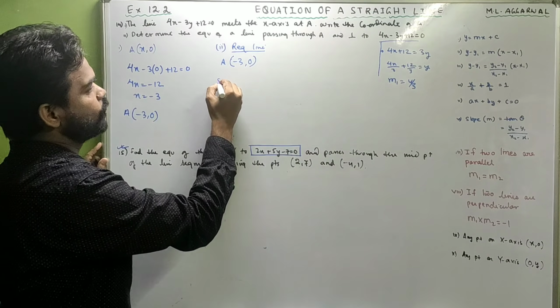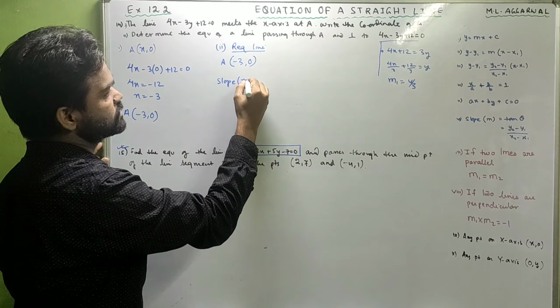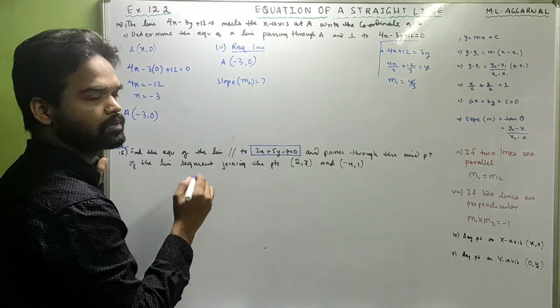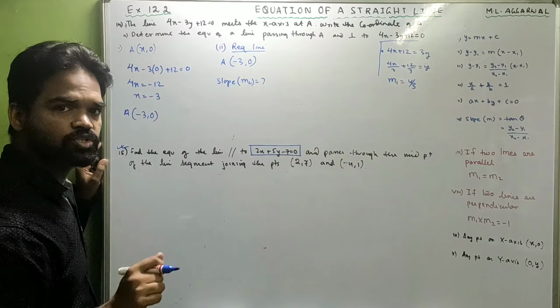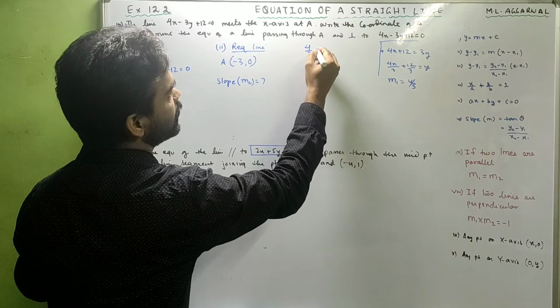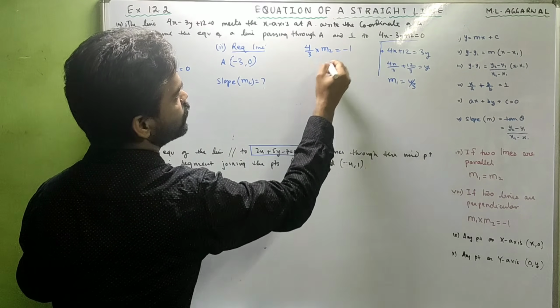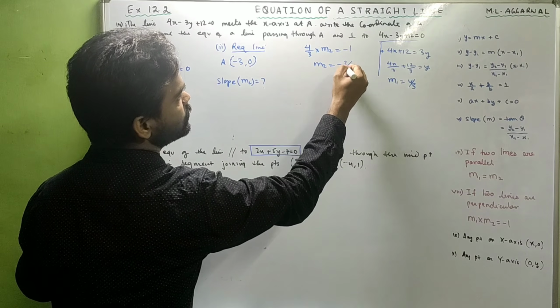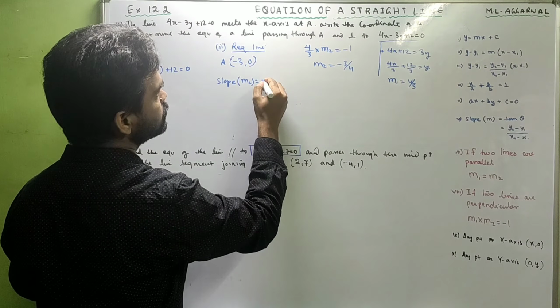Now suppose the slope of the required line is m2. Then the product of these two has to be minus 1 because they are perpendicular, which means m1 multiplied by m2 is minus 1, which means m2 is minus 3 by 4, isn't it?